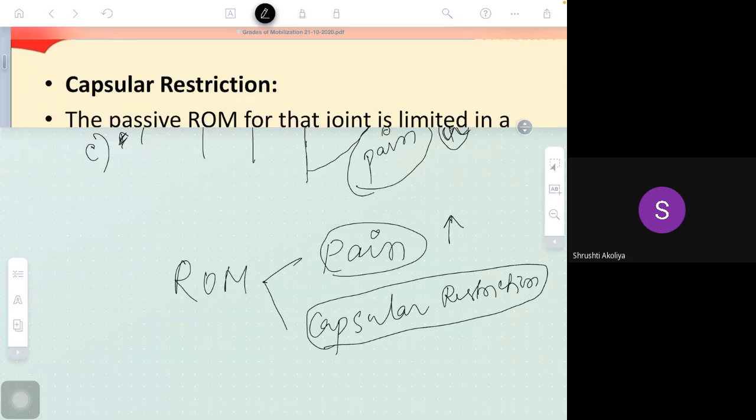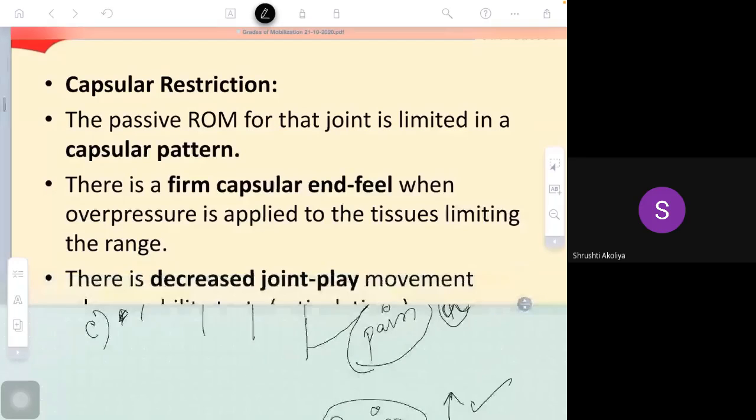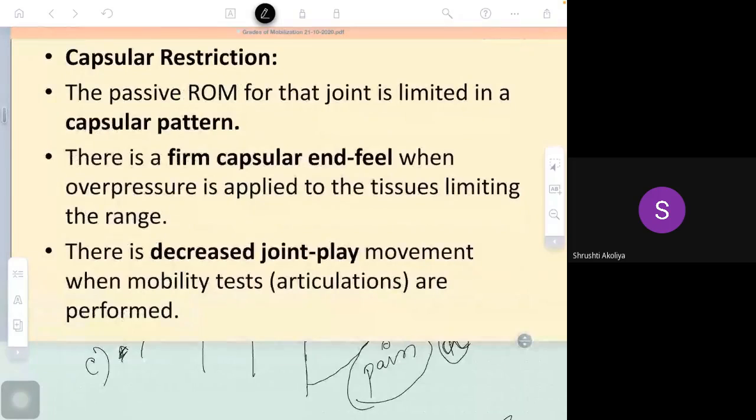Increased pain and increased capsular restriction will decrease the range of motion. So this we have discussed. Now we will study the capsular restriction. The passive range of motion for that specific joint is limited in the capsular pattern.